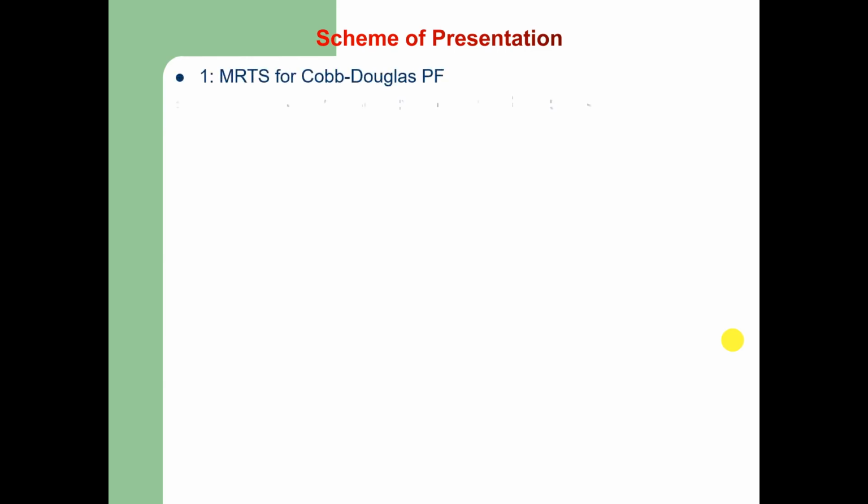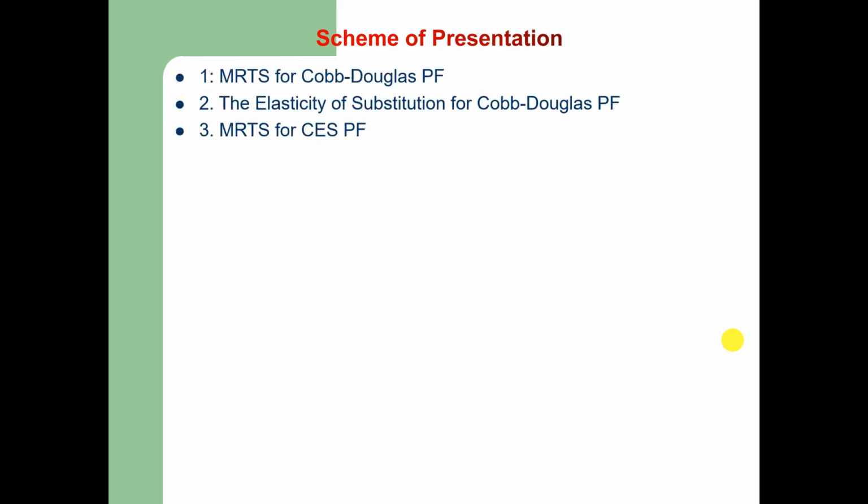After that I'll introduce the CES production function, and then I'll calculate the marginal rate of technical substitution for the CES production function, and finally the elasticity of substitution for the CES production function will be calculated, and at the end of this presentation I'll conclude this.